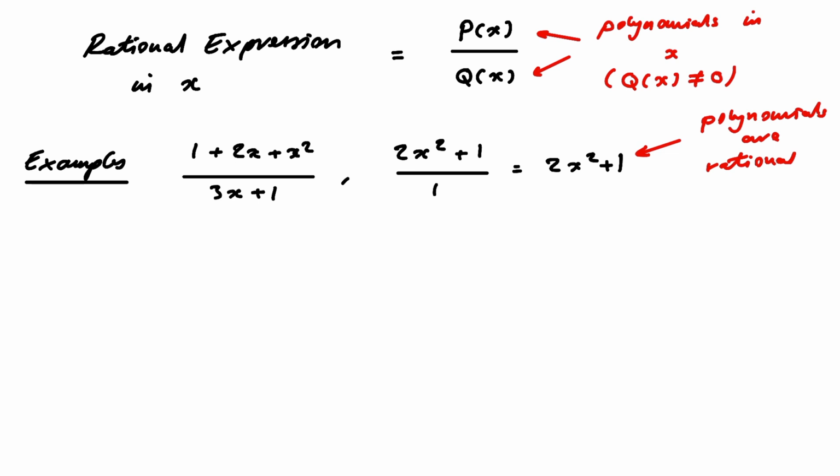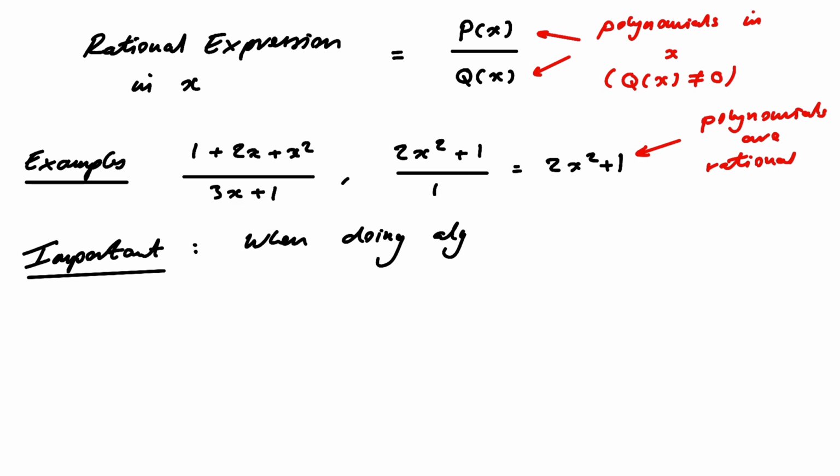And the main thing about this is the following, I would say. Just as a general piece of advice about how to approach these types of things. This is really true of all mathematics, but it's especially true of this. When you're doing algebra with rational expressions, be very slow and be very, very systematic.